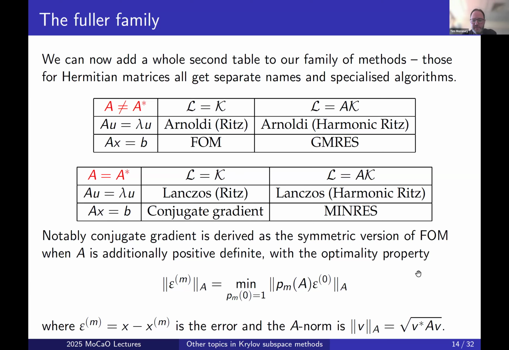So we had some conversations in question time about whether you can monitor the error in these methods, even though GMRES naturally monitors the residual. Conjugate gradient, the SPD version of FOM, actually monitors a version of the error in the A norm.